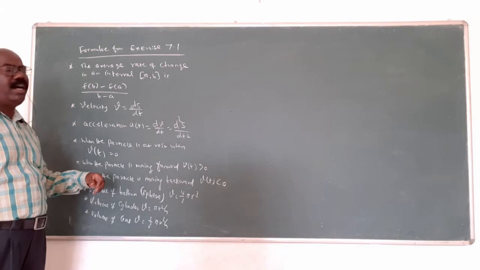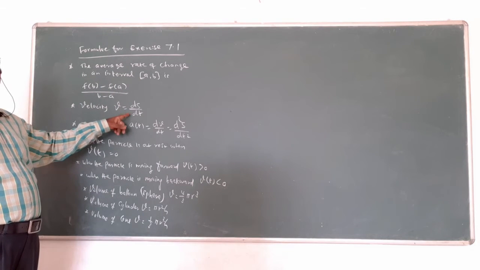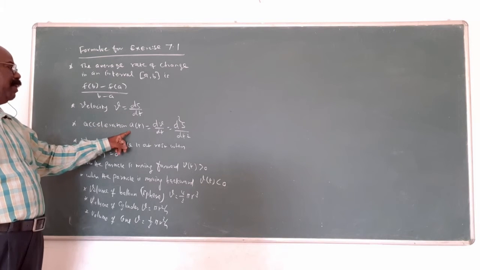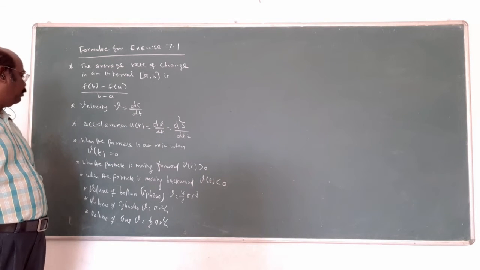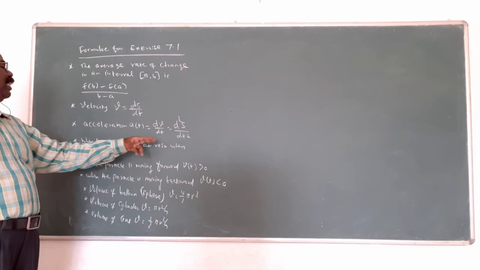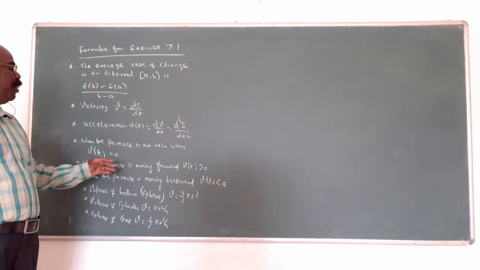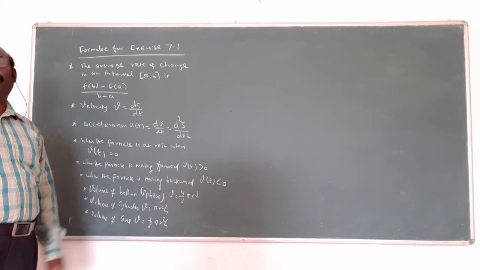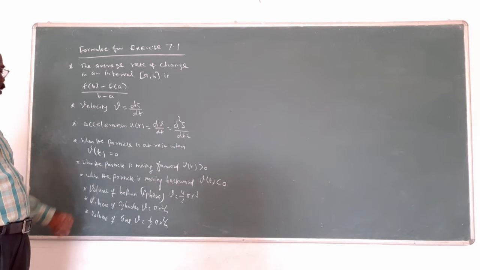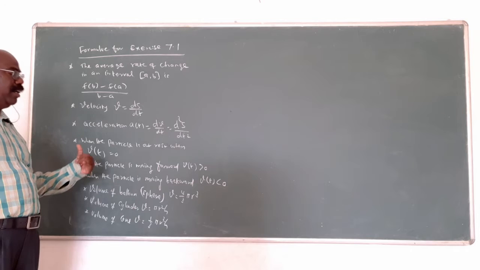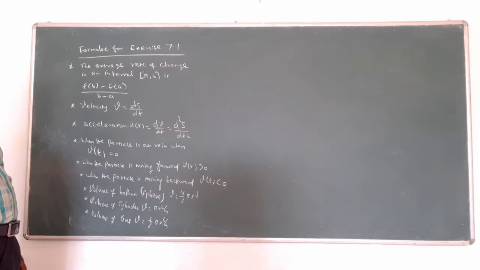The velocity is the first time difference, and the acceleration is the second time difference. When the particle is at rest, velocity becomes 0. When the particle is moving forward, velocity is greater than 0. When the particle is moving backward, velocity becomes less than 0.